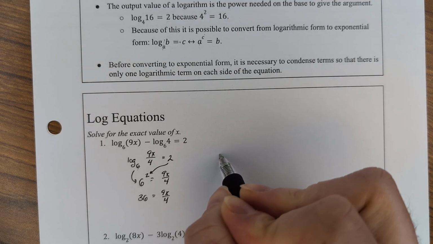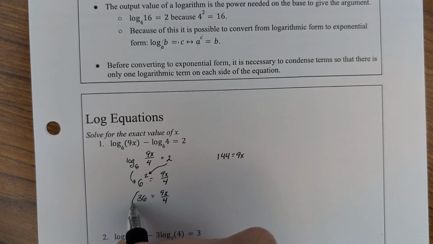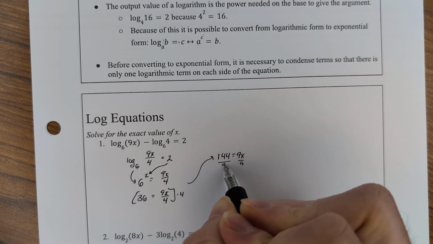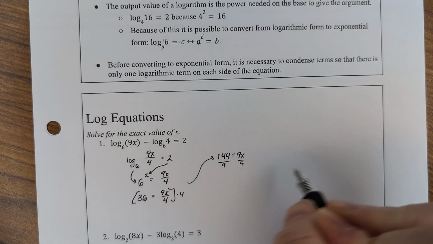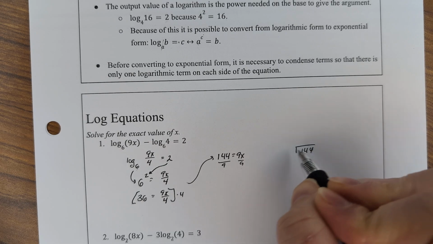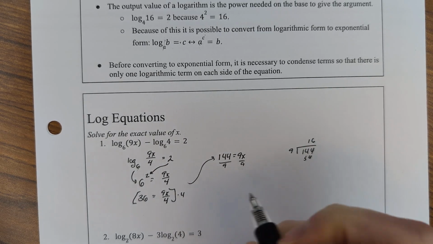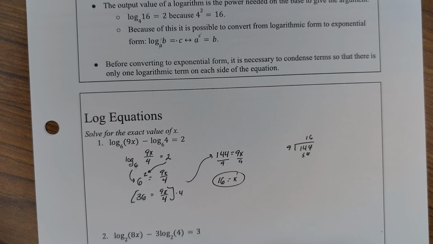That gives us 144 equals 9x. Then divide both sides by 9, which would give us 16. So x would be 16.